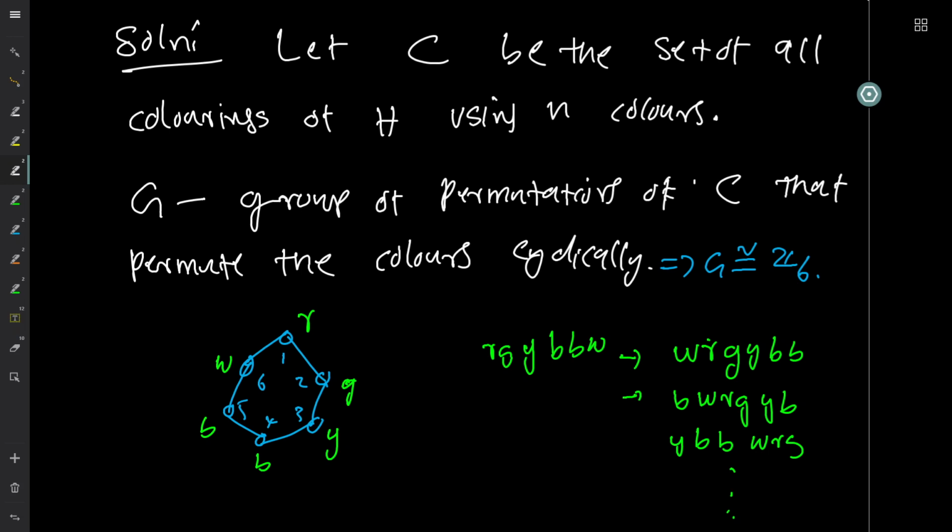So I will get W, R, G, Y, B, B. Similarly, I get B, W, R, G, Y, B, etc., by rotations. So I can rotate and get these kinds of colorings. After one rotation, vertex 1 will be given the color W, and similarly red goes to 2, etc.